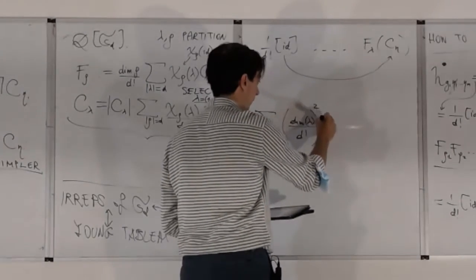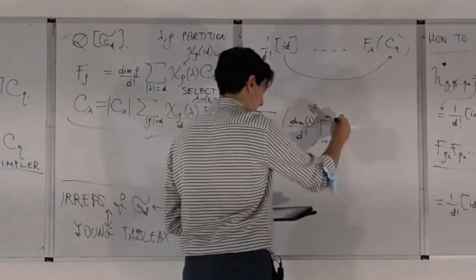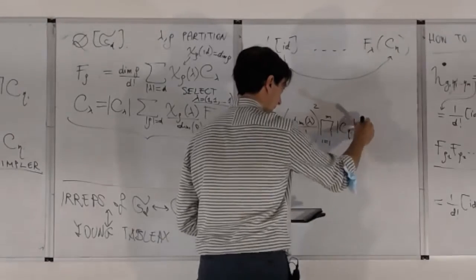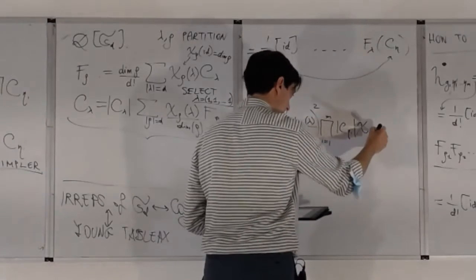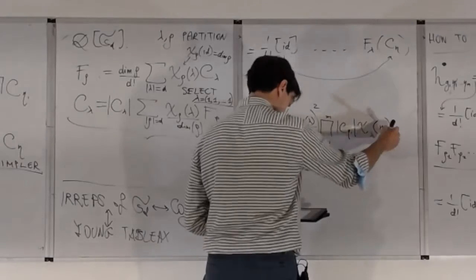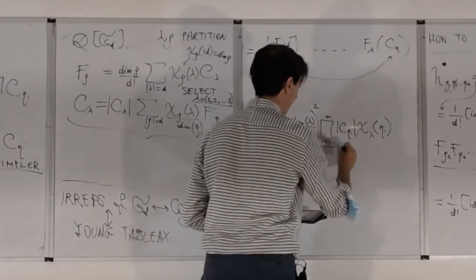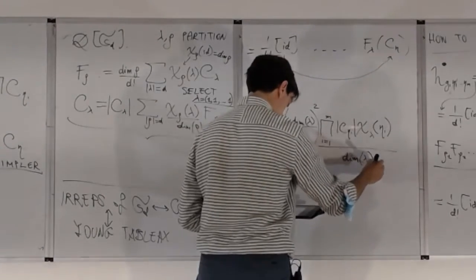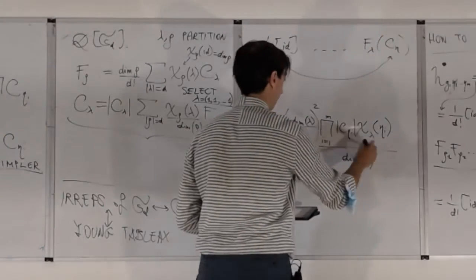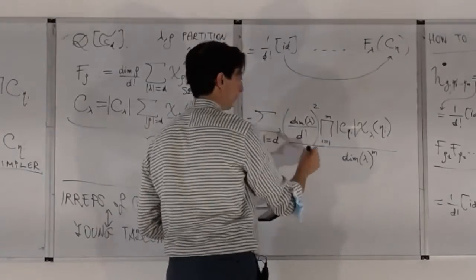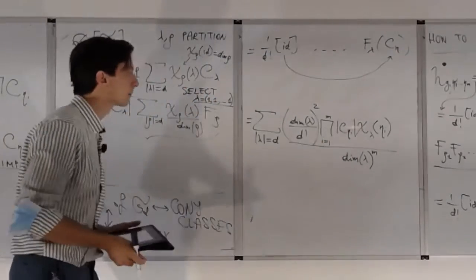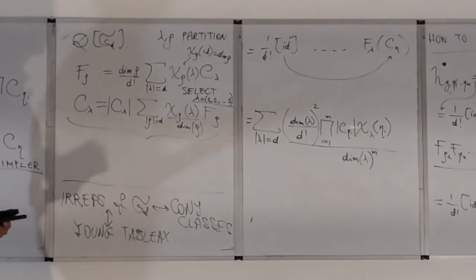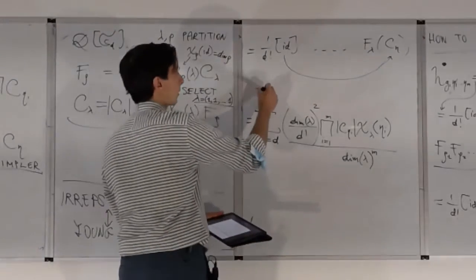Here you have the product I from 1 to m, C eta I, chi lambda of eta I. And here you can divide by the dimension of lambda to the power m, if you take it outside of the product. So that's what people call Frobenius formula.